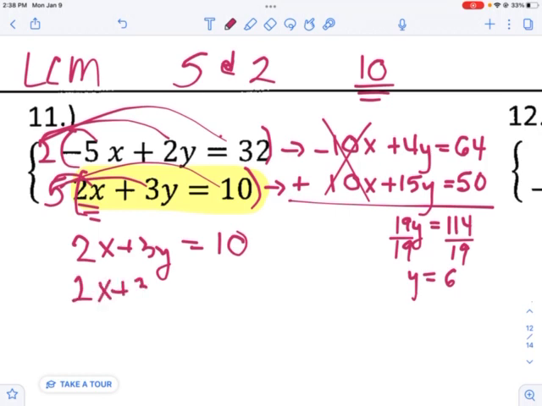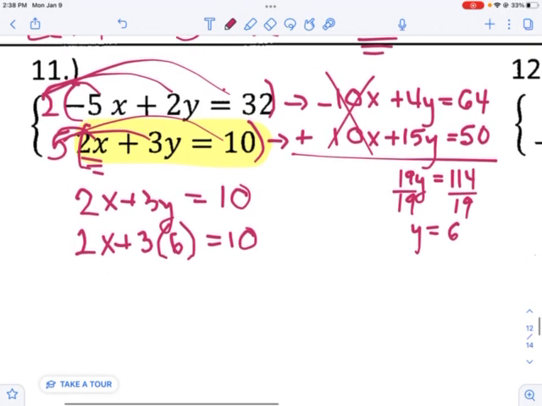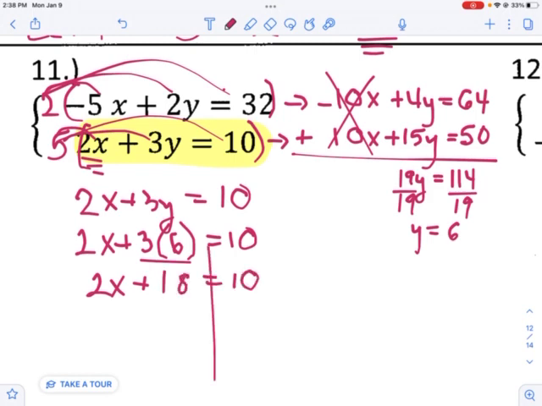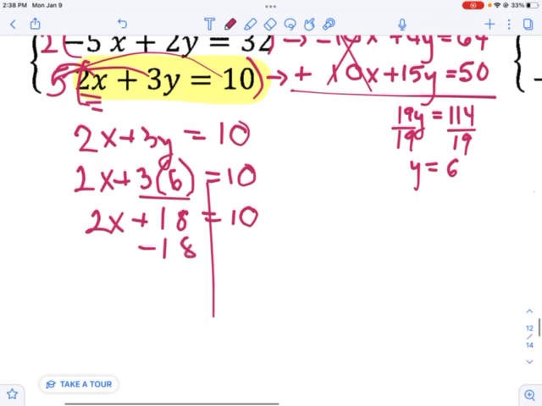Two-step equation. Let's subtract 18 from both sides. 2x equals negative 8. Don't lose the negative. Divide by 2. x equals negative 4. Ooh, that was a lot of work. So my solution is negative 4, 6.